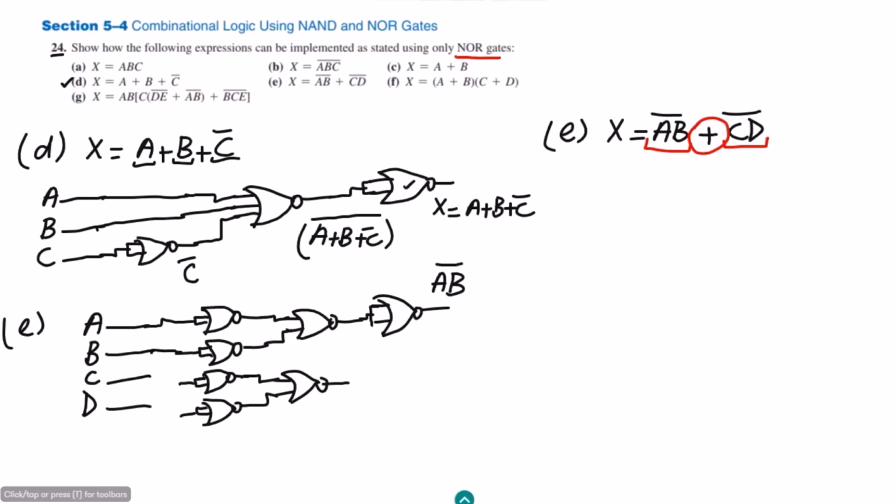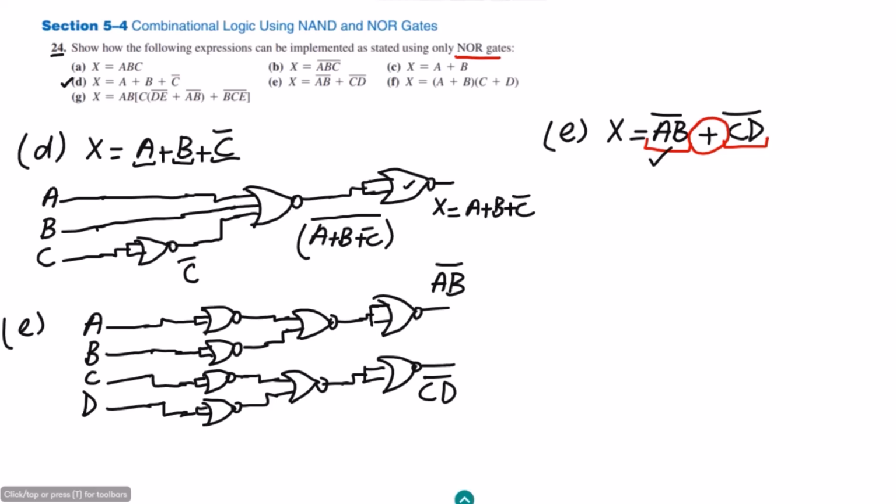In order to invert the output of this AND gate and make it a NAND gate, we have to use another NOR inverter. Let me apply this input here, this here, so at the output of it we will get CD whole complement.